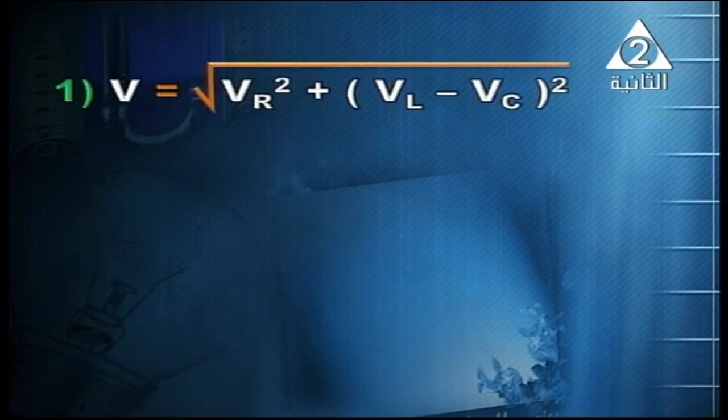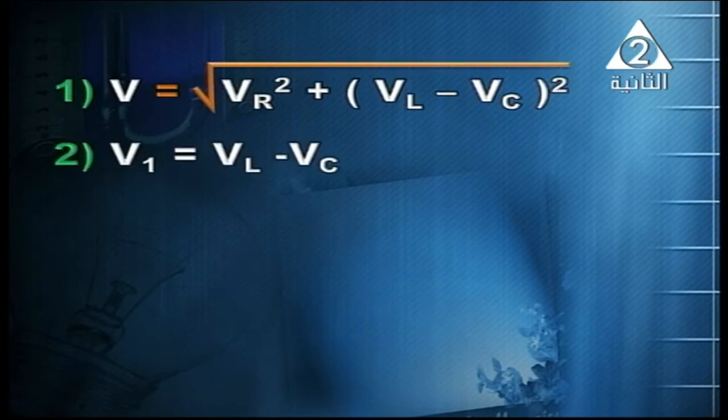Total voltage is calculated from the expression square root VR squared plus VL minus VC all squared. I can hear you say this statement is true. V1, voltage across the capacitor and inductor, is calculated by the difference. It is VL minus VC because XL is greater. Yes, this is also true.